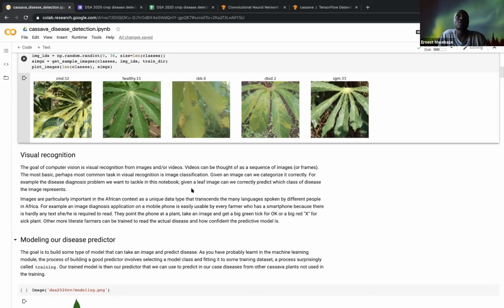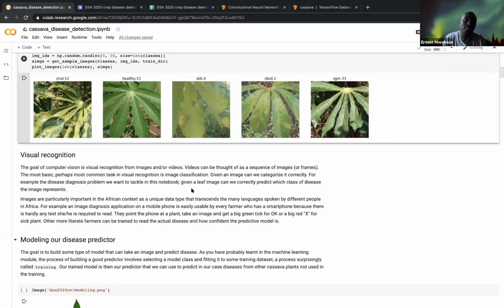You have large capacity networks, large capacity architectures that you can use, and this may be good in some sense, but this may be constrained if you think of deploying this to a mobile phone.